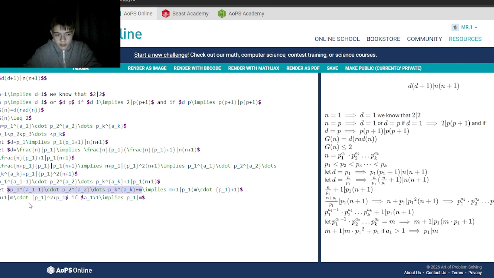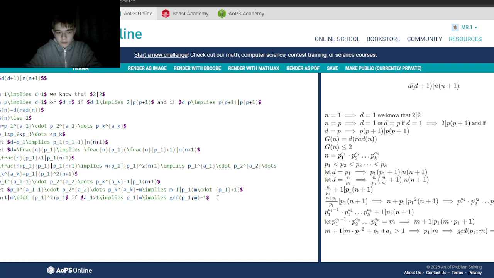And since we have that m plus 1 divides p1 squared plus p1, we know that p1 does not divide m plus 1 because it divides m. This implies that the GCD of p1 and m plus 1 is equal to 1.